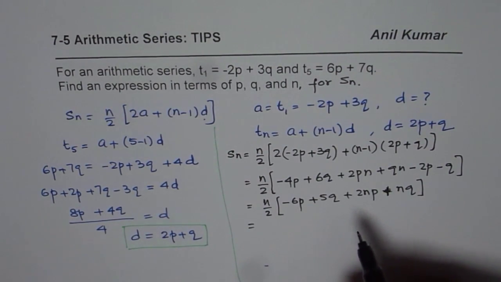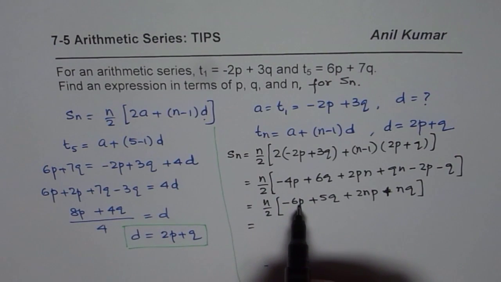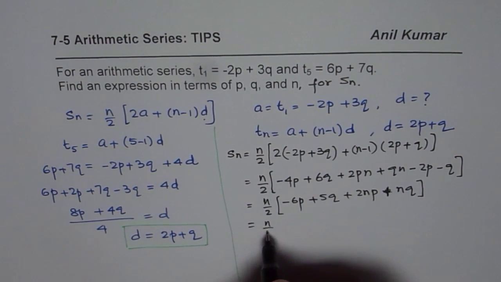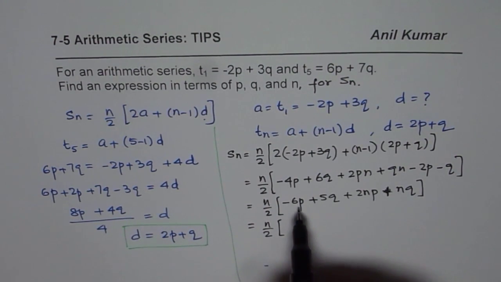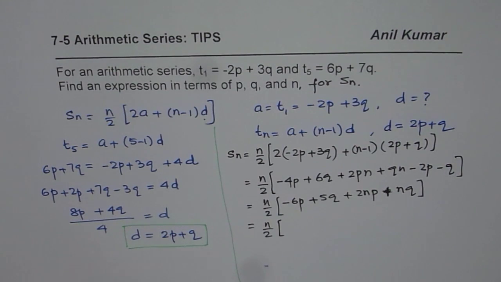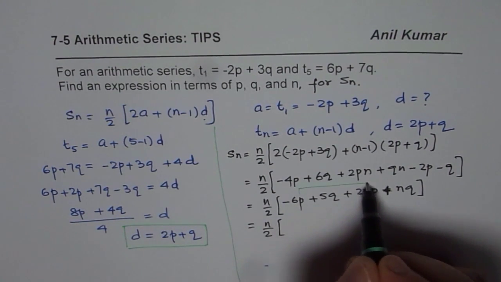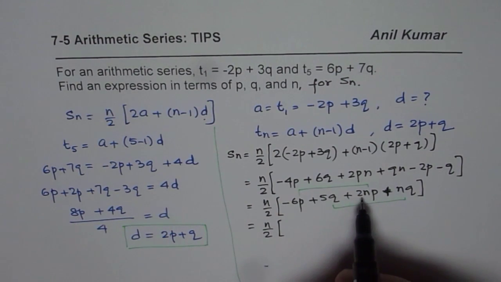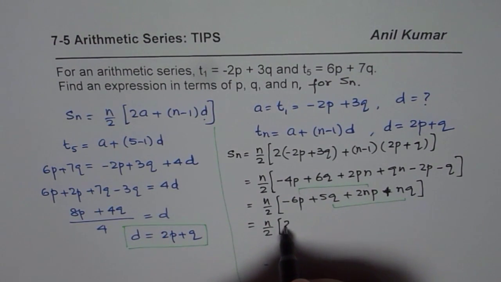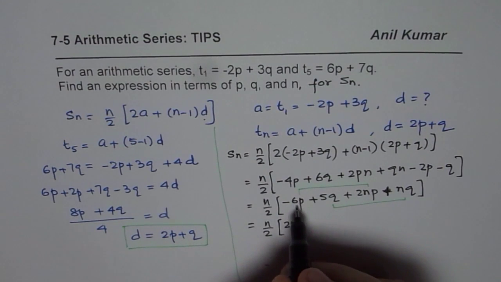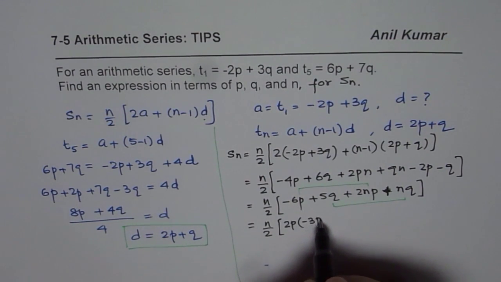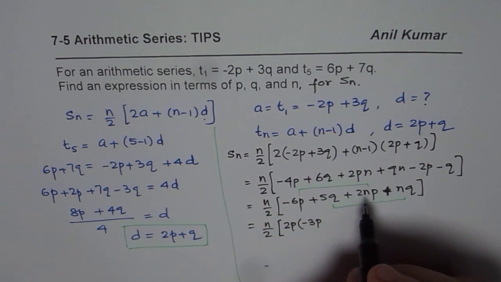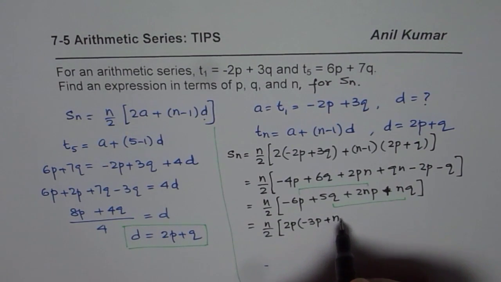Now we can open the bracket. Before that, we can take something common here. Consider these two terms and these two terms. Here 2p is common, so we can take 2p common. Within the bracket we get minus 3p, and here we get plus n.